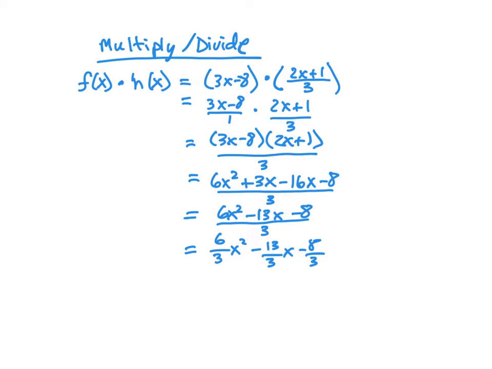Not sure it really buys me a whole lot, but I can then simplify the 6/3, which gives me 2x squared minus 13/3 x minus 8/3. And that would be our new function after we multiplied f of x by h of x.